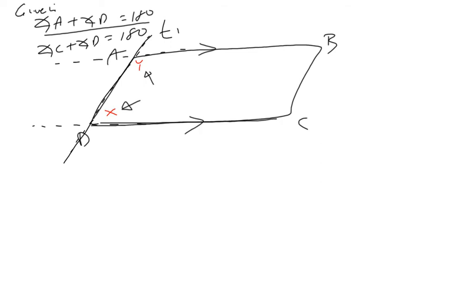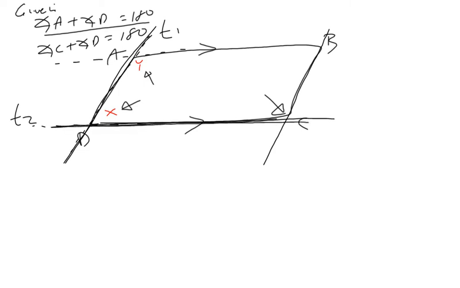Now, if it's also true that angle C plus angle D is equal to 180, right? Well, that would also mean that I have this as my transversal, which I will call T2, and now these are my two lines, namely AD and BC, being cut by this transversal.